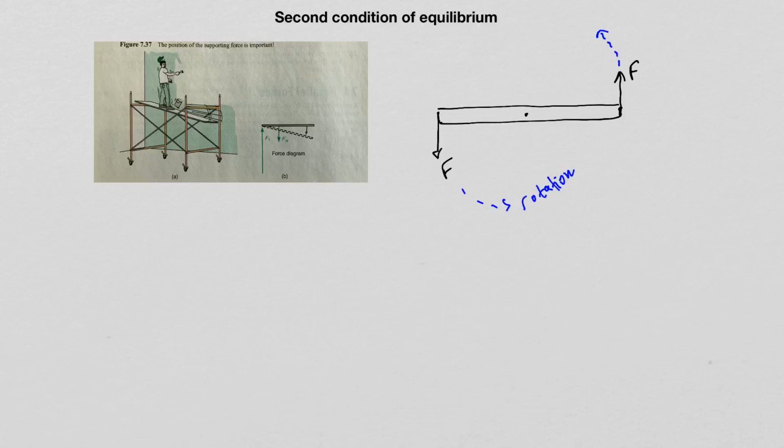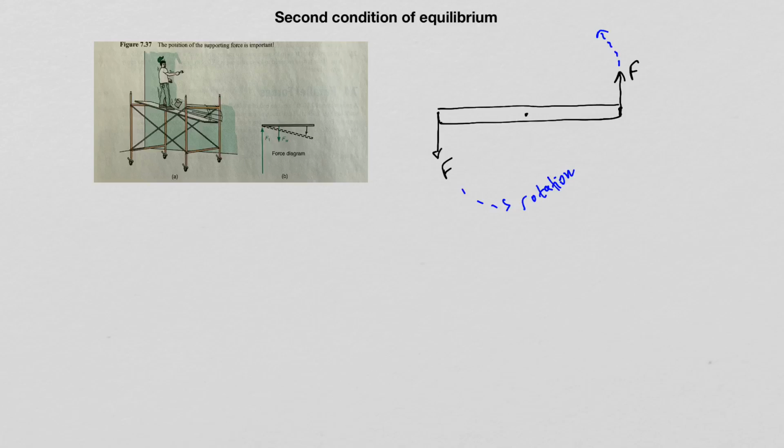There also must be a requirement for the torques of those forces that act on this object to be related in a certain way so that there is equilibrium. So what is that way in which those forces must be related? That is the essence of the second condition of equilibrium.